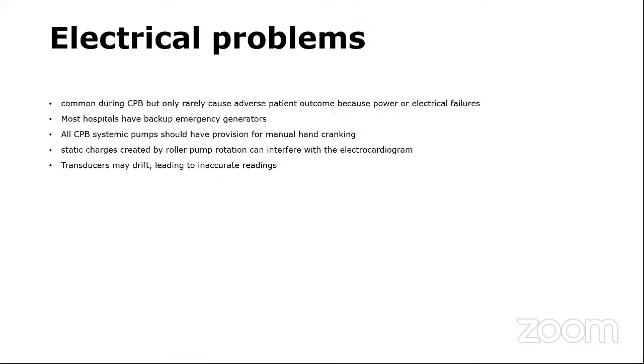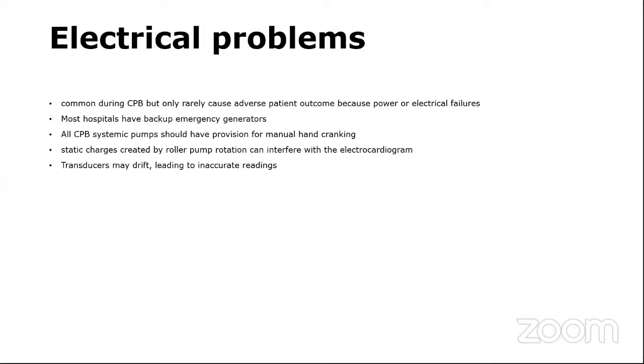For electrical problems, which are a common problem but rarely happen, and rarely affect the patient with adverse outcomes, because power or electrical failure in the hospital will be backed up by the emergency generator.